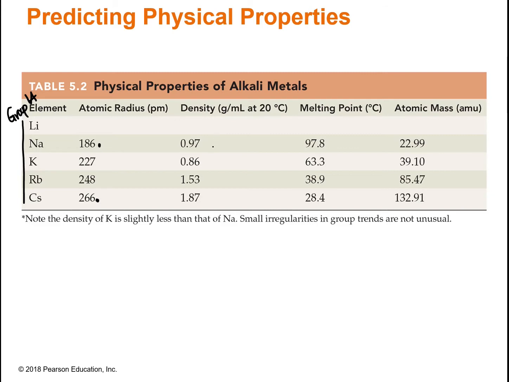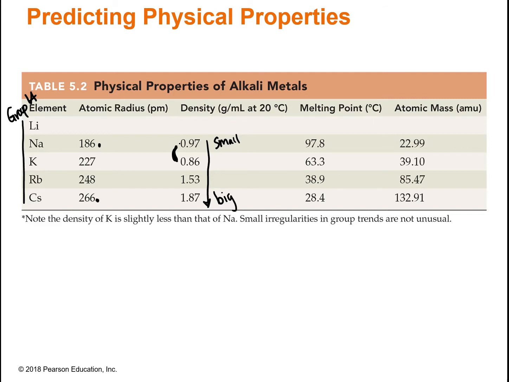In terms of density, overall, you're going from a smaller density to a bigger density. Now, that trend does not necessarily hold, but for this particular group, it does. There's a little bit of fluctuation here with sodium and potassium, but that's normal.